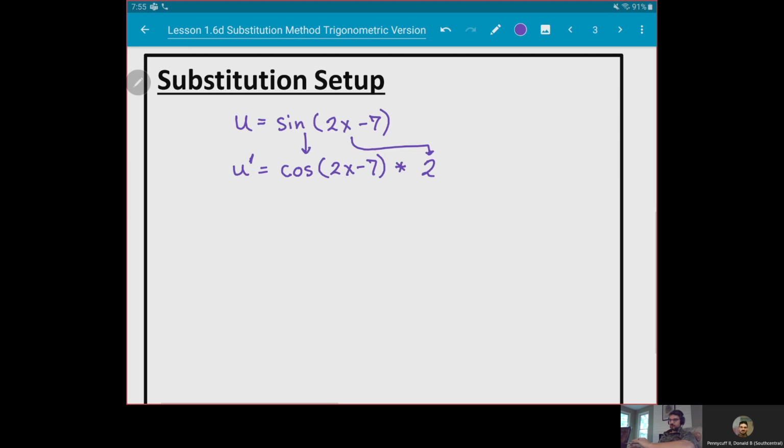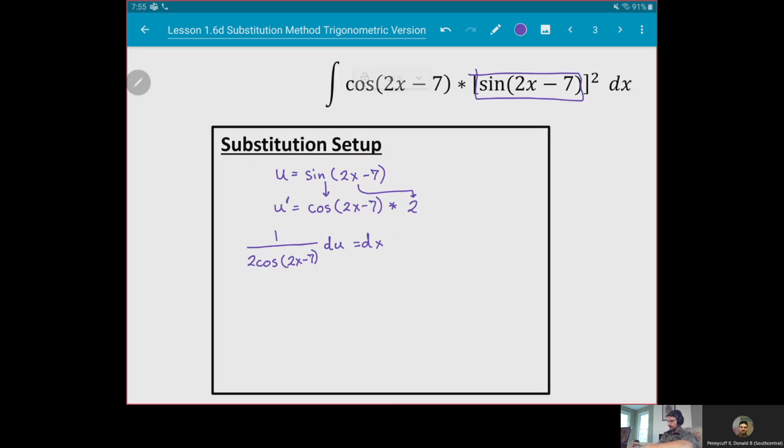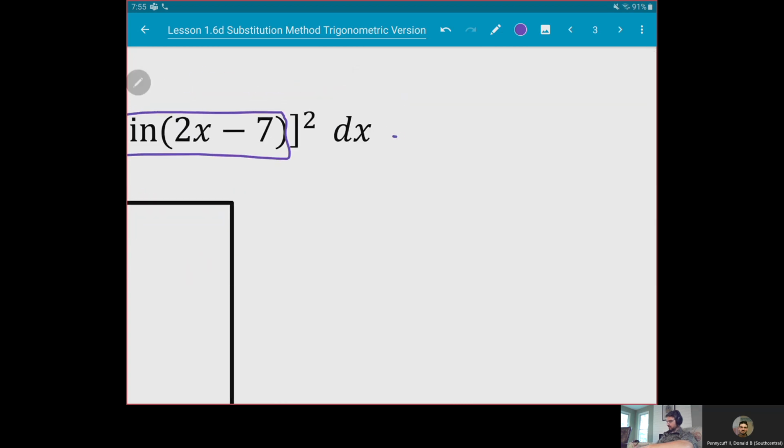That's what makes trig functions so difficult. Okay? And then I'm going to go 1 over the derivative. du is equal to dx. So I found all 3 of my pieces. Boom.